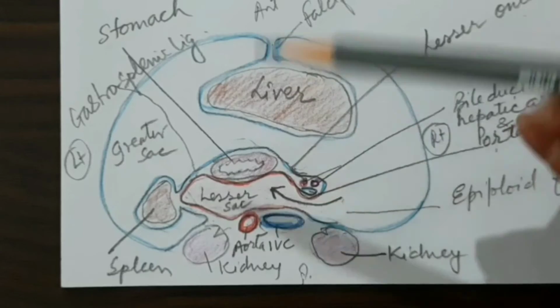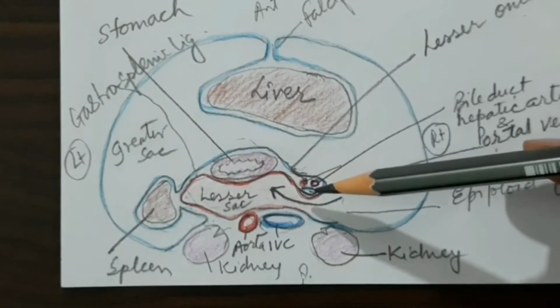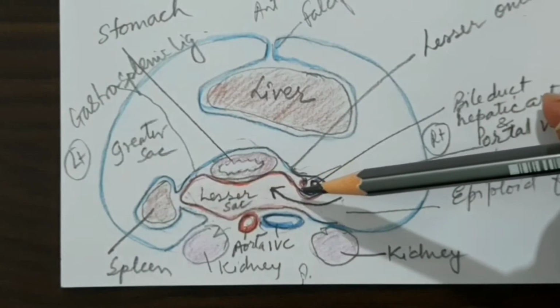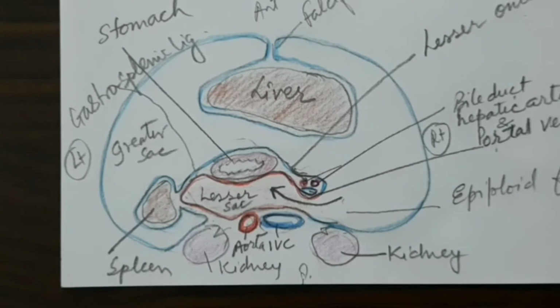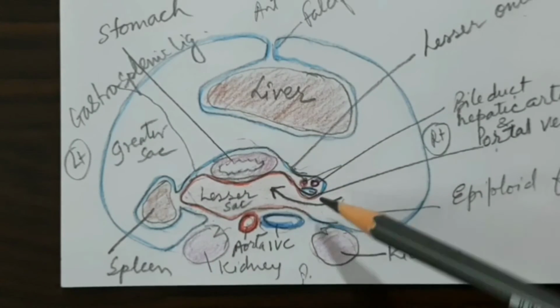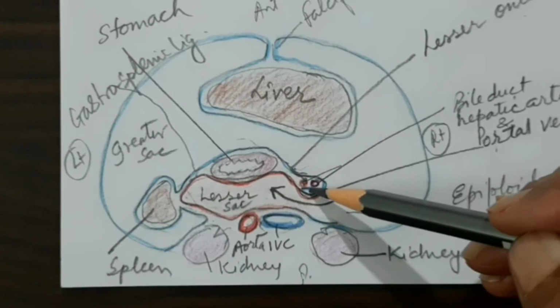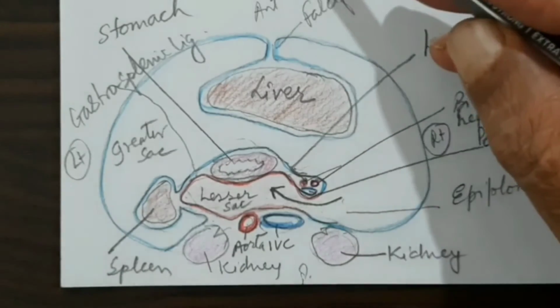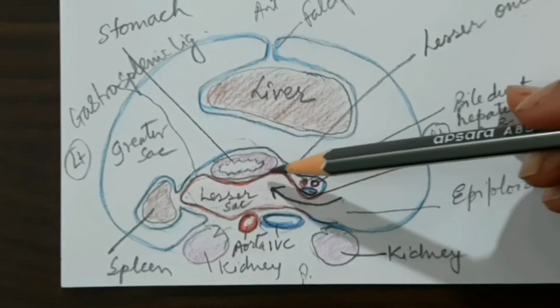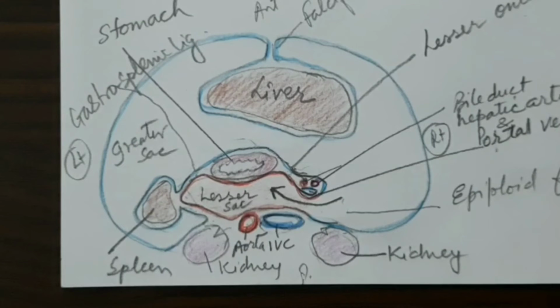As we have learned in the previous diagram, the anterior boundary of the lesser sac is formed by the caudate lobe of the liver, that was at a higher level, but here it is formed by the lesser omentum. This lesser omentum is here, okay, and the posterior surface of the stomach.